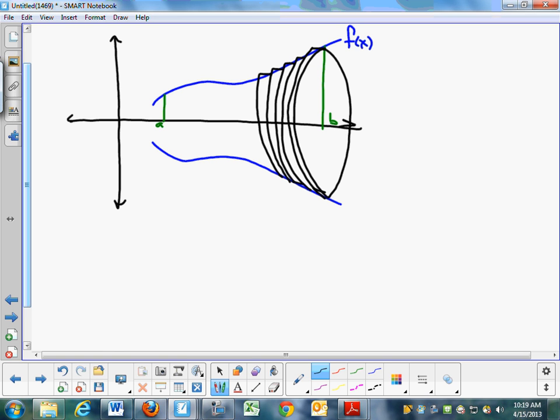Now, does anybody know, what did we call the width of a rectangle? Dx. So the width of one of the slices is dx.